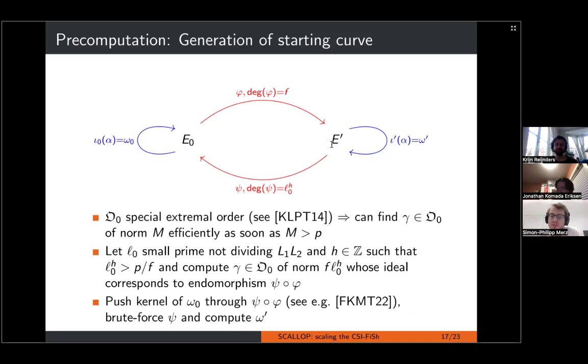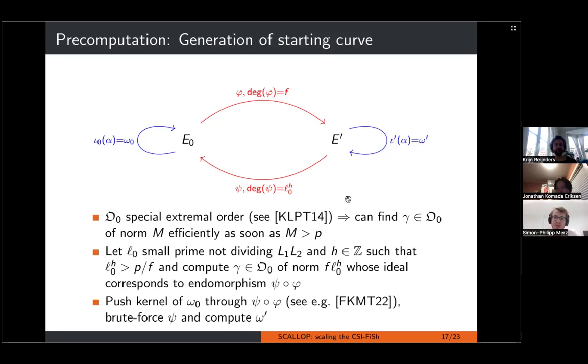And we do this just by brute forcing. So L0 and H are small enough that we can just try the various candidates for psi and then test, after pushing back the kernel onto this codomain, whether this indeed gives us an endomorphism of the correct norm and trace.